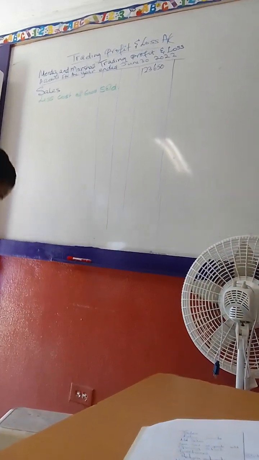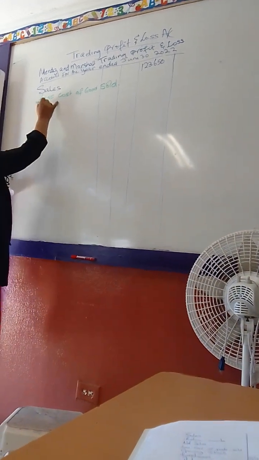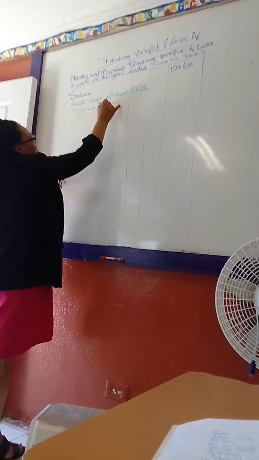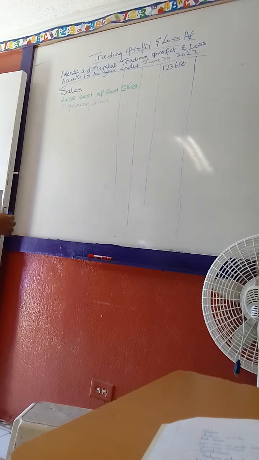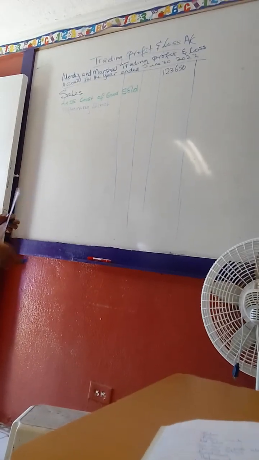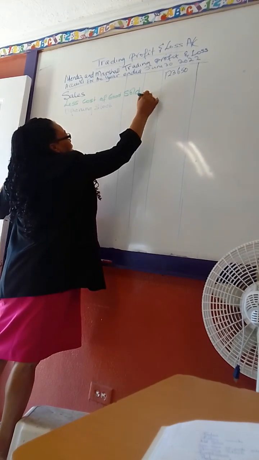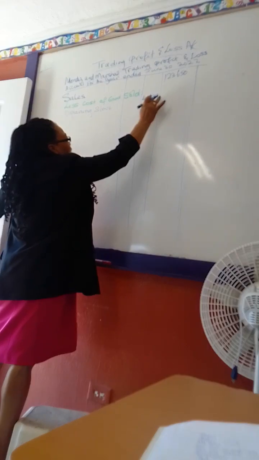So I continue. Opening stock, we normally find opening stock in the trial balance. And what's the figure for opening stock? 41,979.